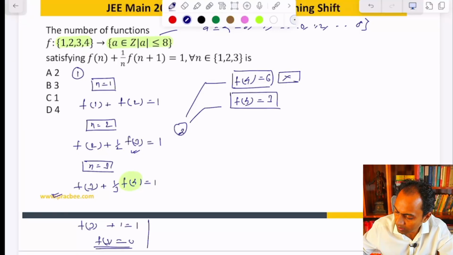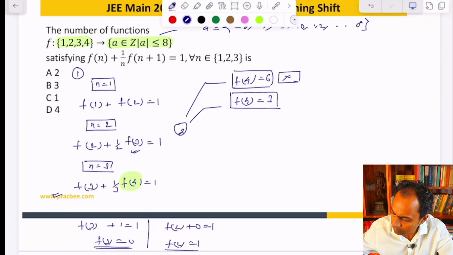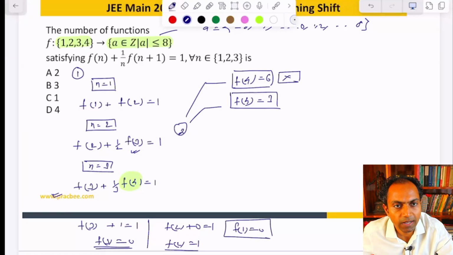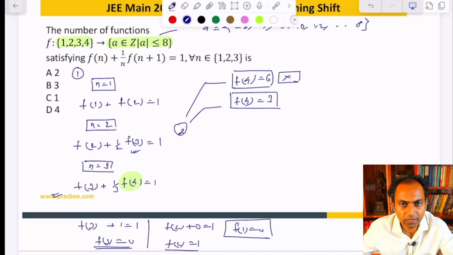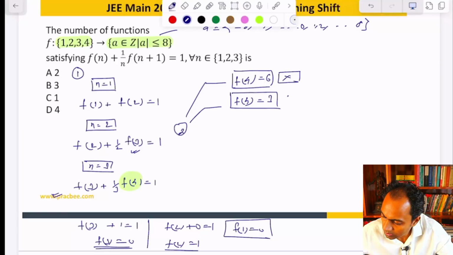If f of 3 becomes 0, and I put this value in the second equation, f of 2 plus 0 is equal to 1, so f of 2 becomes 1. And if f of 2 is 1, f of 1 will become 0. And this is totally possible. We can have this mapping in place because they are not saying that the mapping is 1 to 1. So this is a possible scenario.